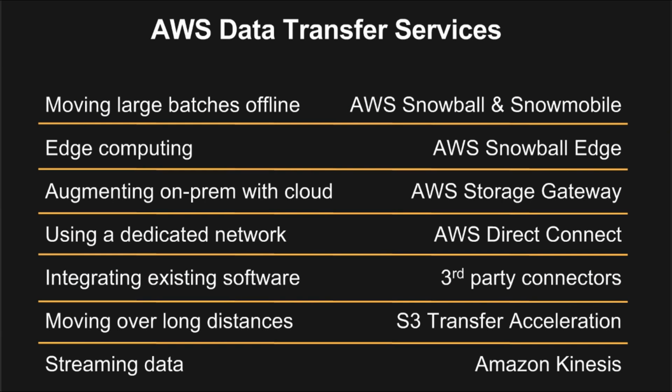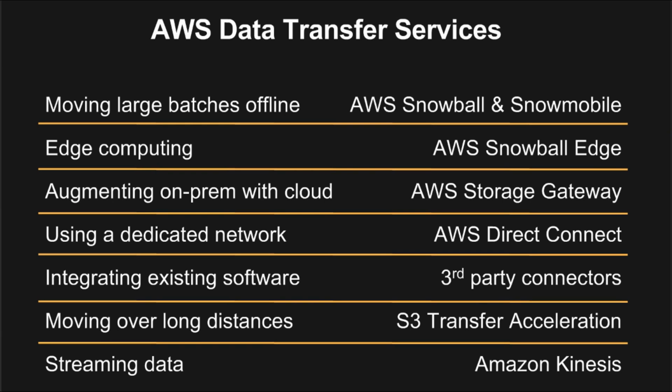So that's the high level of the data transfer services and where to use them, and I just want to set the stage before we go into more depth about what each of these things do and how they work. If you're thinking about doing a large batch transfer, moving tens or hundreds of petabytes, even exabytes of data, that's when you're thinking about our Snowball and Snowmobile services.